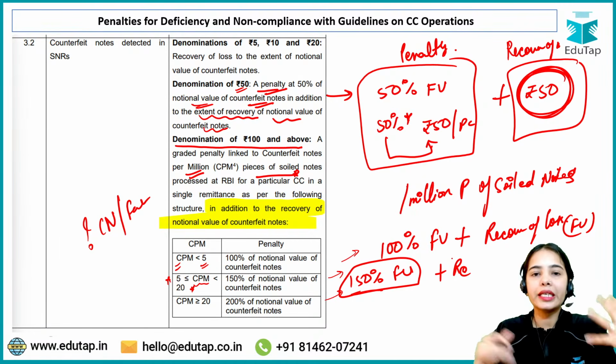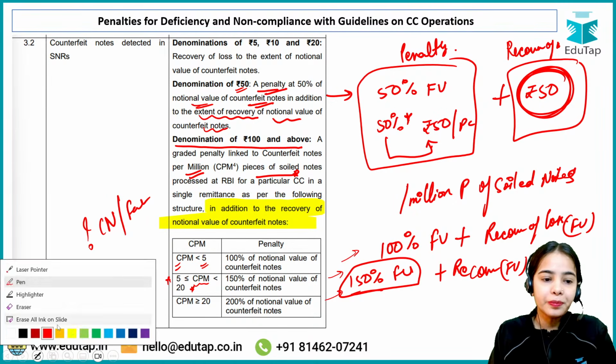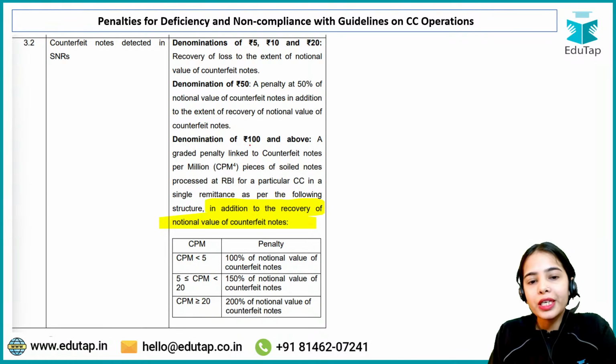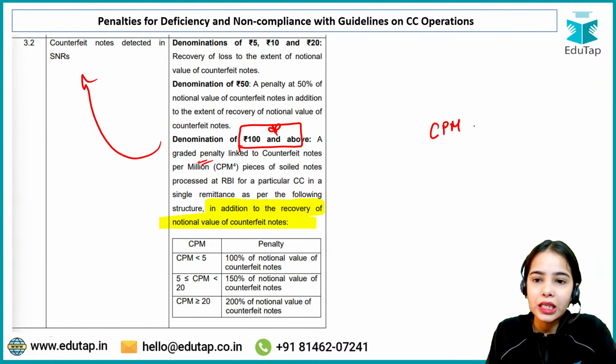The RBI will get the money of the face value also. Okay, so this is the idea. So if the denomination is 100 rupees and above, for counterfeit notes detected in soiled note remittances, a graded penalty will be levied on the basis of the counterfeit notes found per million pieces of soiled notes.